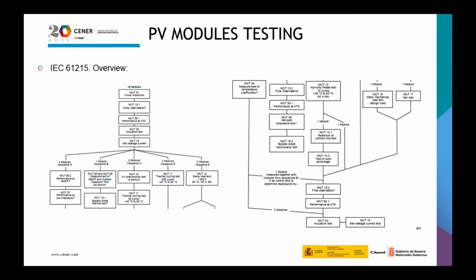Then we have the characterization and degradation tests, and finally we have also a diagnostic test to apply the pass and fail criteria. The objective of this test sequence is to determine the electrical and thermal characteristics of the modules and to show within reasonable constraints of cost and time that the modules are capable of withstanding prolonged exposure in moderate climates.